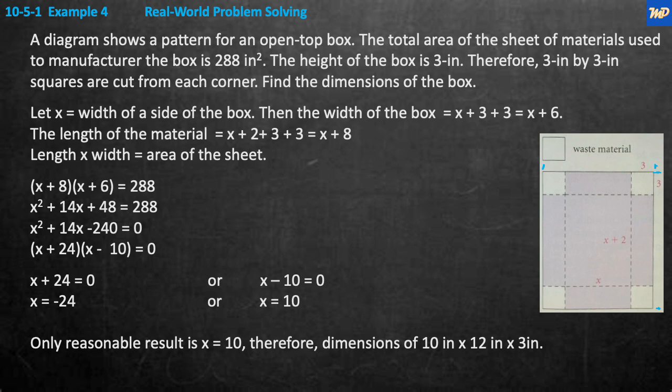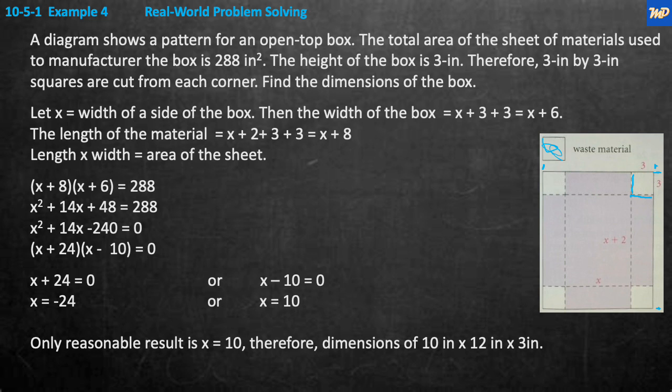When you fold up this edge and this edge, and they're both 3-inch cuts, when you fold them together, they're going to meet in a straight line vertically coming out of the paper at you, right? They'll meet. So that's the cut. That's the height of the box. It'll fold up to be 3 inches. Therefore, a 3-inch by 3-inch square is cut from each corner, and here's that 3-inch by 3-inch square right here.